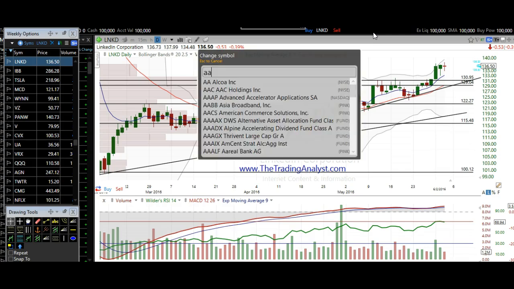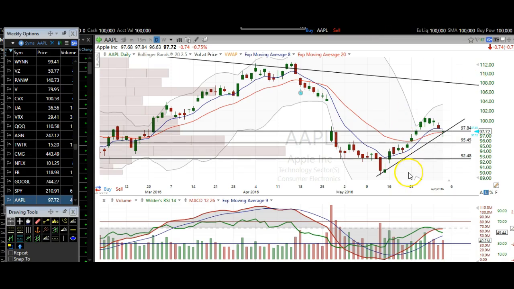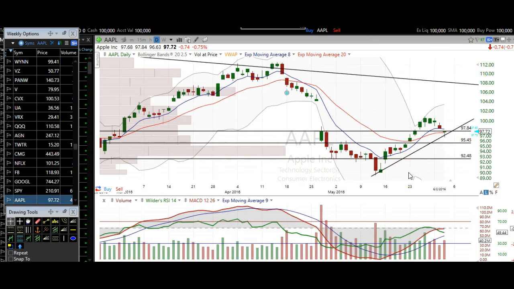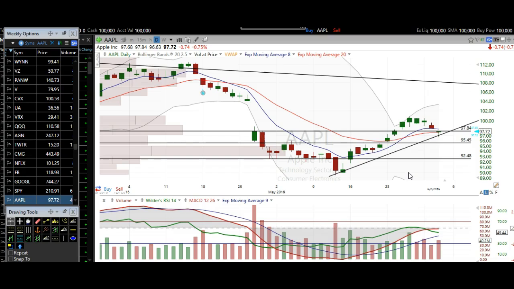Next, I want to be covering Apple. Apple here, we were covering this live on the live broadcast this morning, and we were looking for a bounce on Apple, and we got just that off of this uptrend line as well as this support right here.